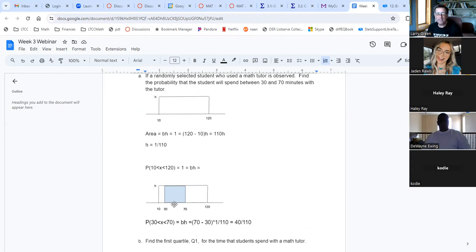What is the length of the base if it goes from 25 to 25? Yeah, 0. Base times height is 0, and the probability is 0. So one of the things when you have a continuous distribution, the probability of being exactly a given amount is just always 0. Kind of cool? Any questions on that idea?